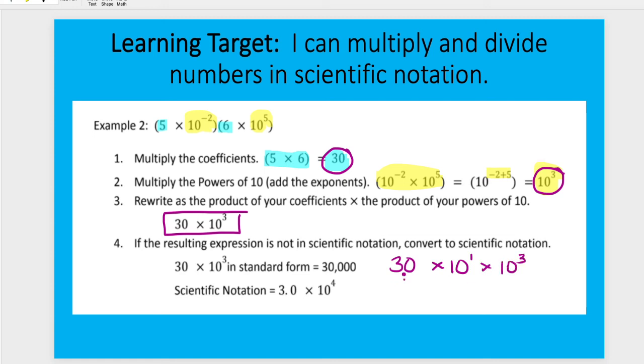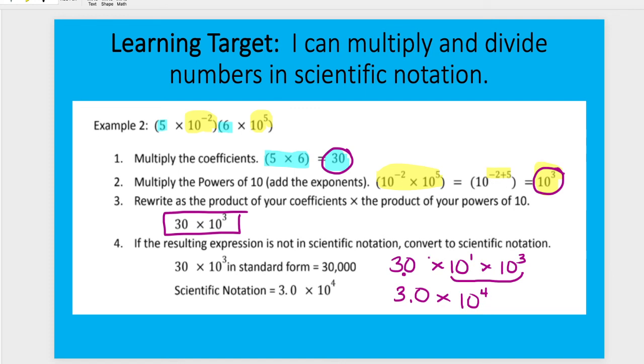So now I've got my decimal in the correct place, 3.0 or just 3. And I'm going to use the product of powers property again, where I add my exponents. So my final answer in scientific notation would be 3 times 10 to the 4th power.